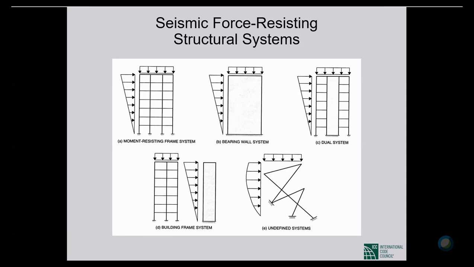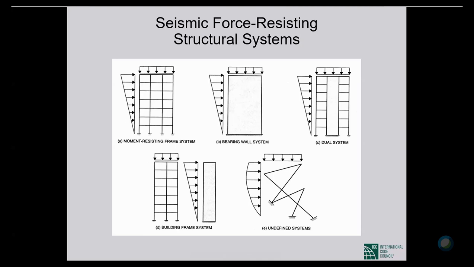Okay, so moment resisting frame system, bearing wall system, dual system, building frame system. 4 basic systems, everything else is undefined, must be designed in comparison with one of the defined systems. But then there is also the 3 levels of detailing: ordinary, intermediate, special. So we don't have one moment resisting frame system. We have an ordinary moment frame, we have an intermediate moment frame, we have a special moment frame. And then there are materials of construction. There are moment frames of concrete, there are moment frames of steel.